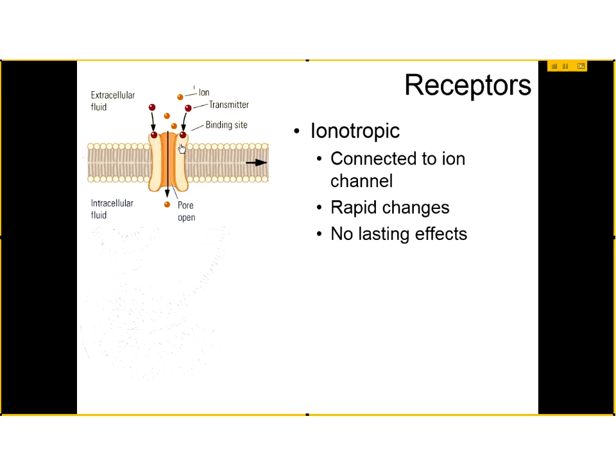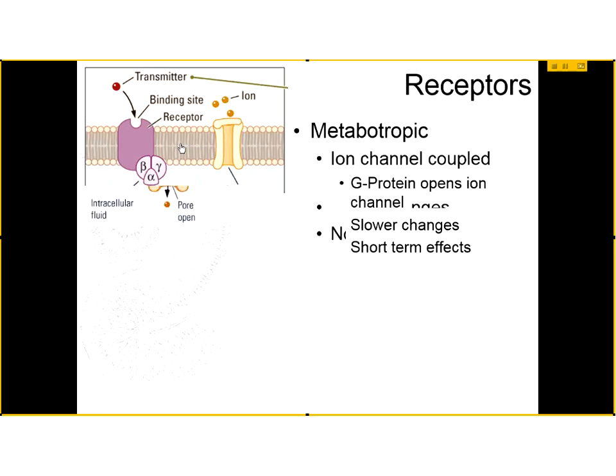So ionotropic receptors are going to be critical for that type of behavior when you need very rapid changes in information processing with very little lasting effects. So that's the function of the ionotropic receptors.